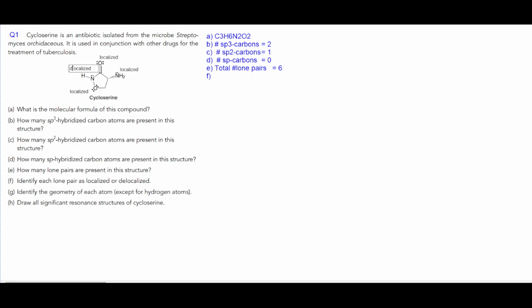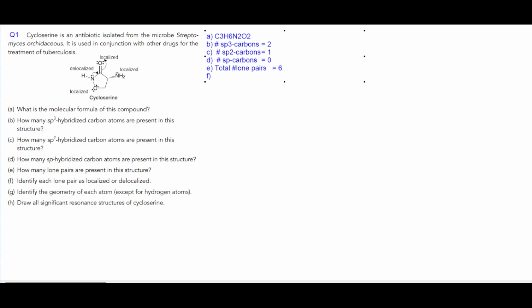So I can simply say this is delocalized because we can draw a resonance structure by moving these pi electrons across the pi bonds here. So the lone pair on a nitrogen can be delocalized over this pi bond and the oxygen. So that's why this lone pair is expected to be delocalized. Rest of the lone pairs are pretty much localized.